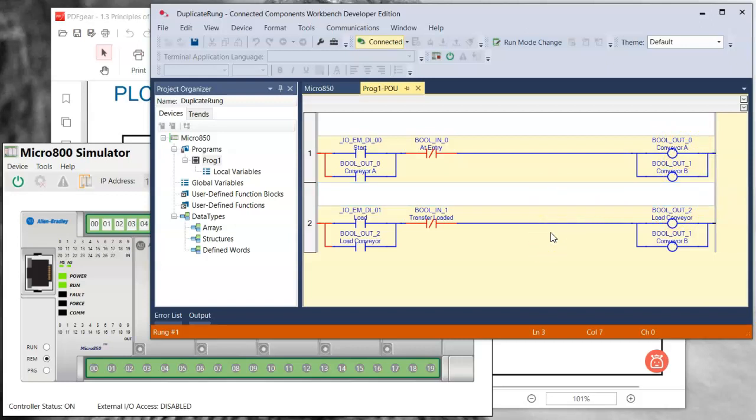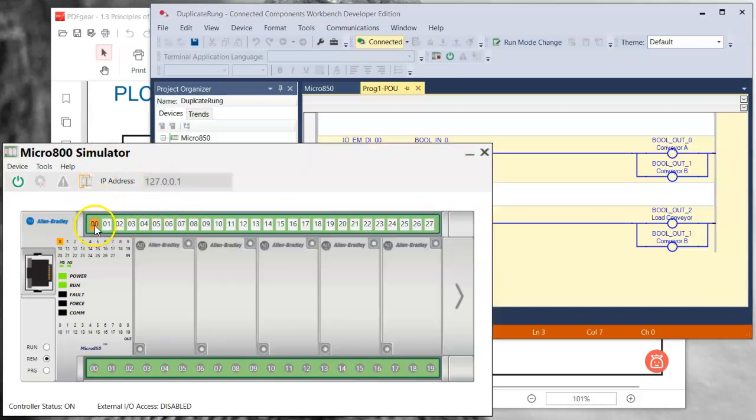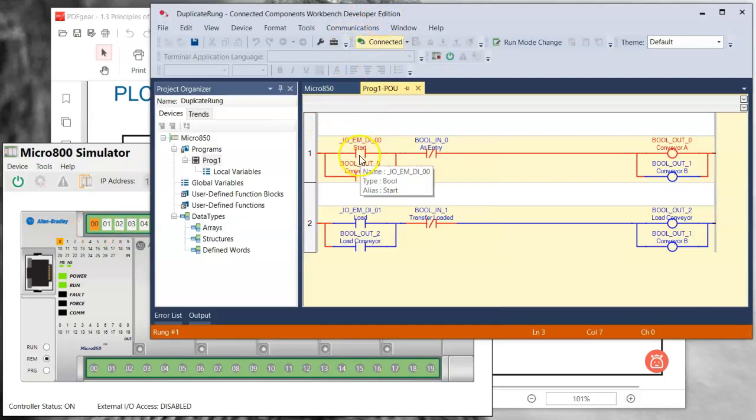So let's go with condition 1. Condition 1 is I'm going to start the conveyor A and conveyor B motor to move the box down. I'm going to turn on the switch by clicking my simulator input. That turned on the start switch, and we see that conveyor A is on, but conveyor B is not energized.